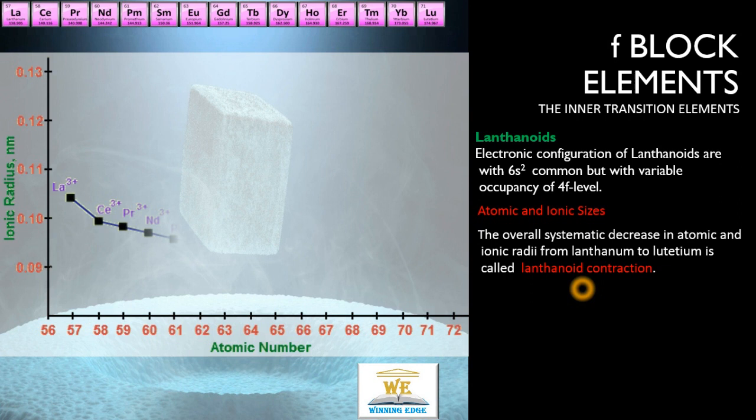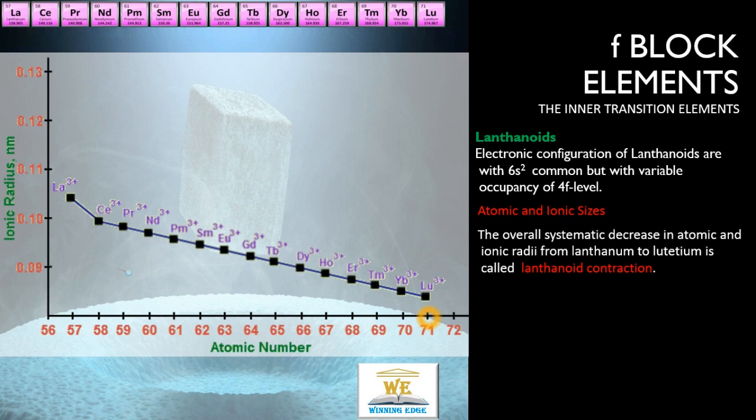We will study the 3 positive or trivalent oxidation state of all the elements in lanthanoids, right from lanthanum to lutetium, because 3 positive is the most characteristic oxidation state. And we will see the ionic radii systematically decreases, linearly decreases along the series from 57 to 71.